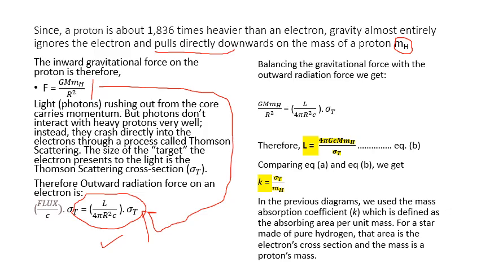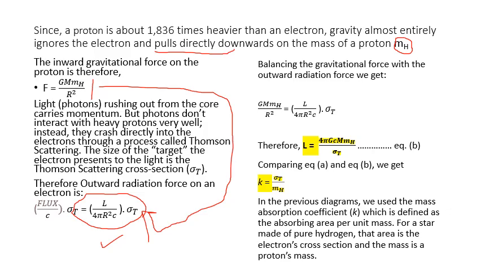There are some correction factors in these equations, but still we are considering situations that are easy to understand to start building a foundation in stellar physics. So we compare them and we get L to be 4 pi G c M times small m subscript capital H divided by the Thomson scattering constant.